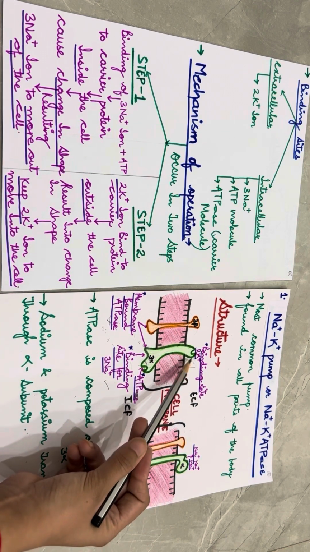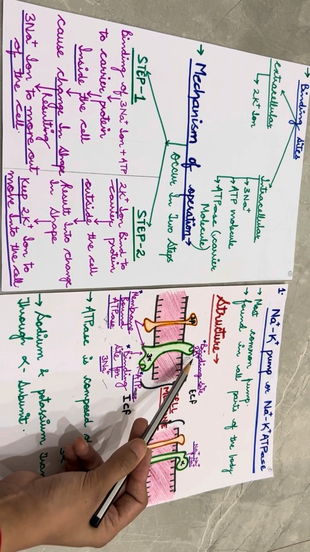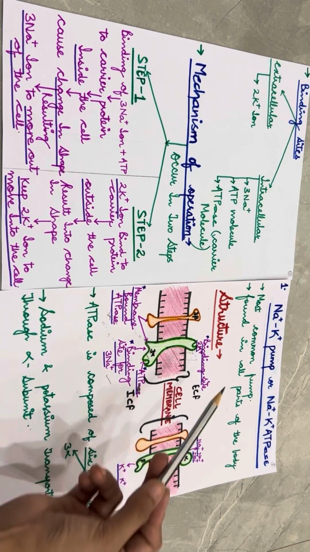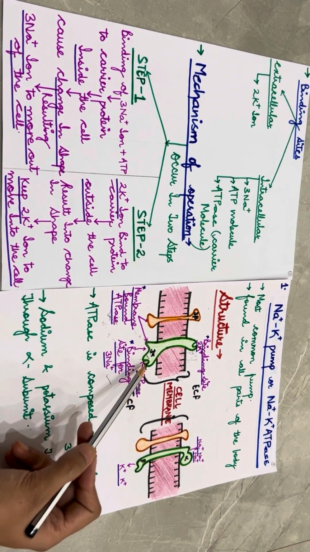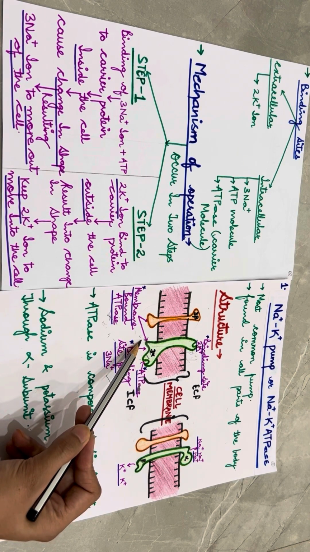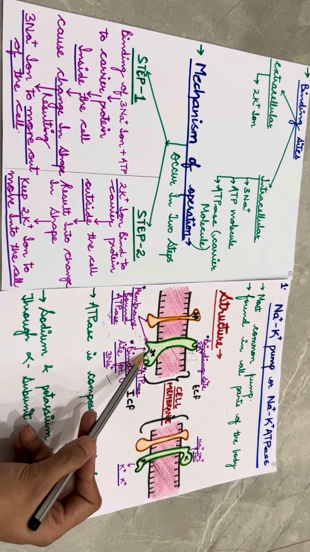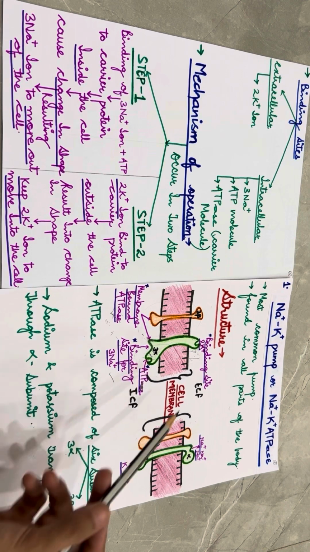So 2 potassium bind in the extracellular fluid, outside the cell, whereas these 3 binding sites are present inside the cell. First, ATP for the ATPase molecule binds. Another one is for 3 sodium to attach over here, whereas here the ATP molecule attaches.